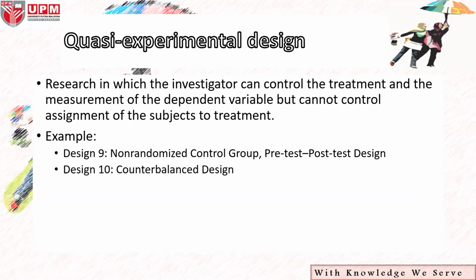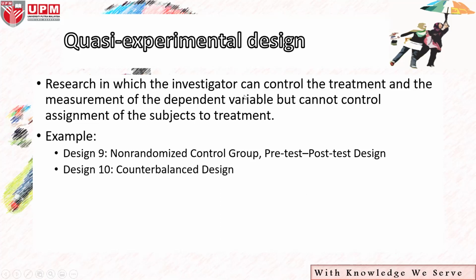Okay, next one, quasi-experimental design. It is a type of research in which the investigator can control the treatment and the measurement of the dependent variable but cannot control assignment of the subject to treatment. Ada soalan ke? Okay, so this one is quite similar with pre-experimental.